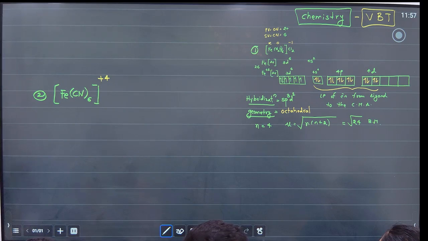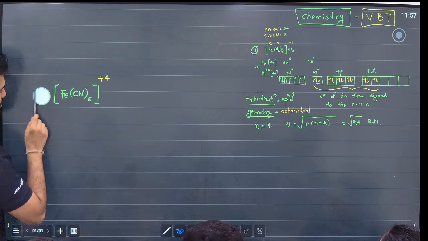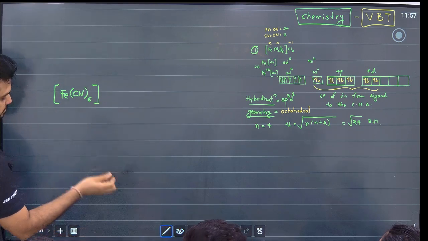Yes. So this is the complex. इसे ले लो या K4FeCN6 ले लो.